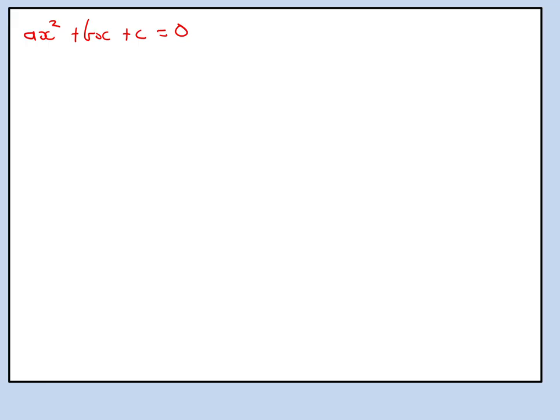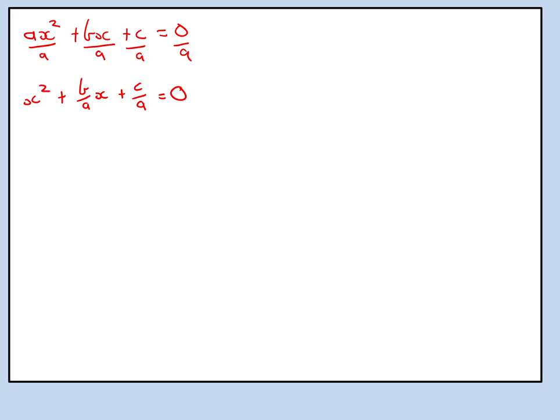So we're just going to divide everything by a. If I divide everything by a, I'm going to get x squared plus b over a x plus c over a is equal to 0. And 0 divided by anything will be 0.